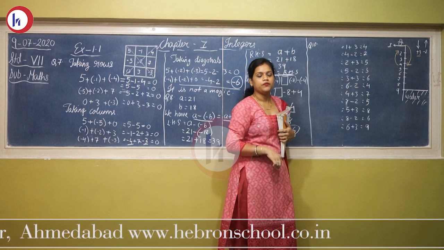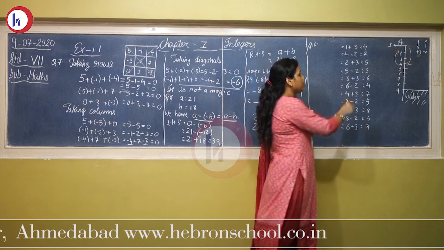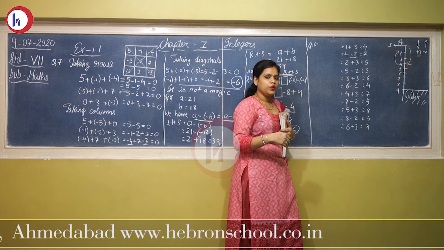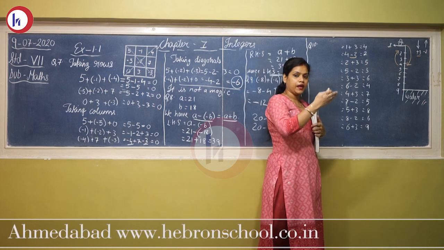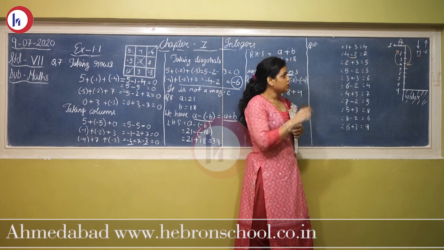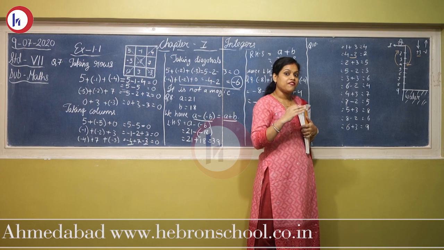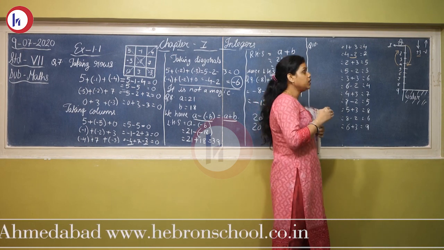When he is going back upside, we are going to show that with a negative sign. Whenever he is coming down 3 steps, we will show it with positive, and whenever he is going back up, we will show it with negative. So this way the monkey keeps on doing, and we have to find after how many jumps he is going to reach step number 9.